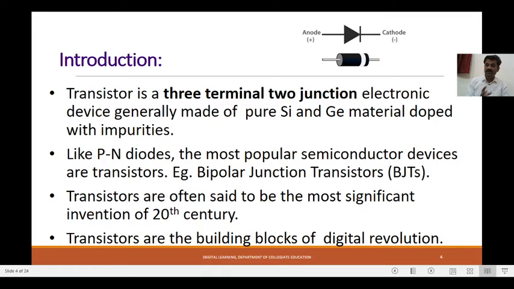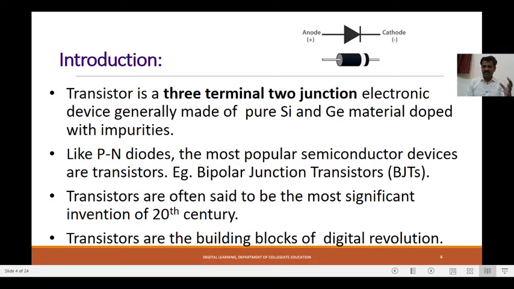To modulate these properties of a semiconductor, one should dope a pure silicon or germanium material, and after doping the material is considered an extrinsic semiconductor.